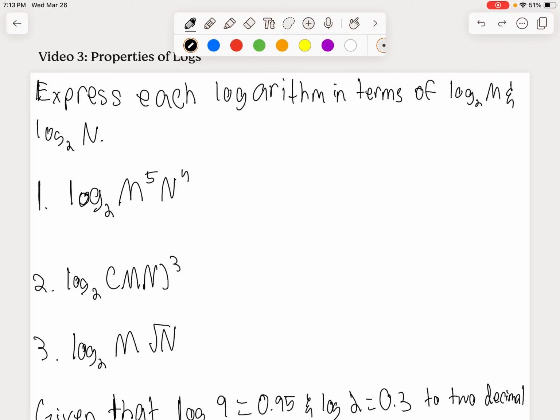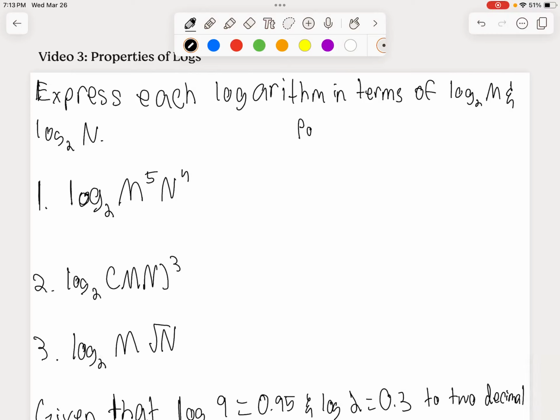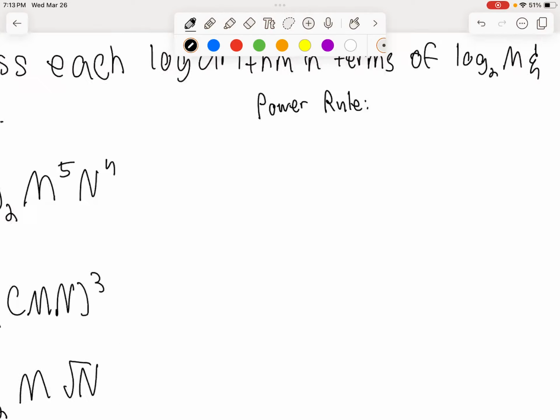Anyway, for this first one, we got two properties of logs we want to consider. One, the power rule.